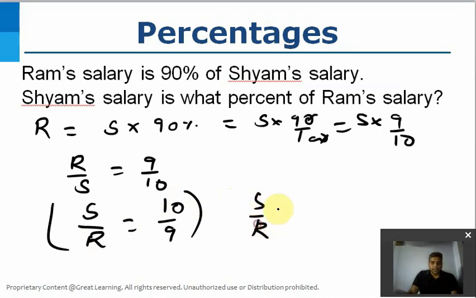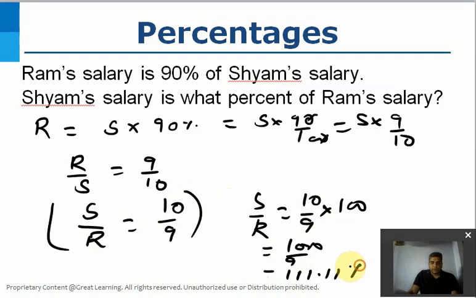S by R is 10 by 9, so multiplying by 100 gives me 1000 by 9, and this comes out to be 111.11 percent.